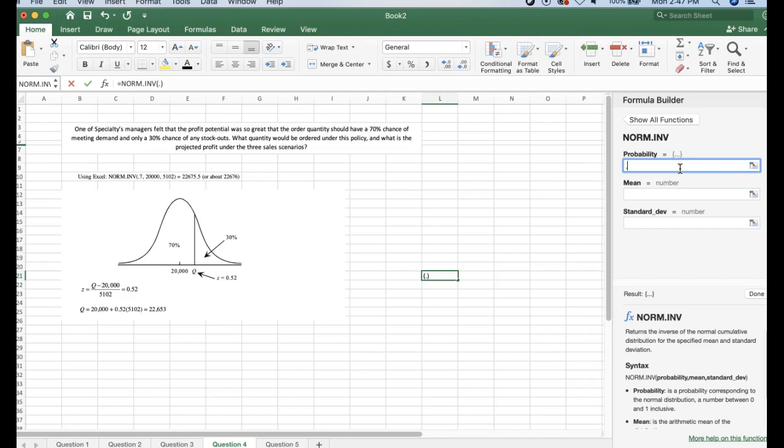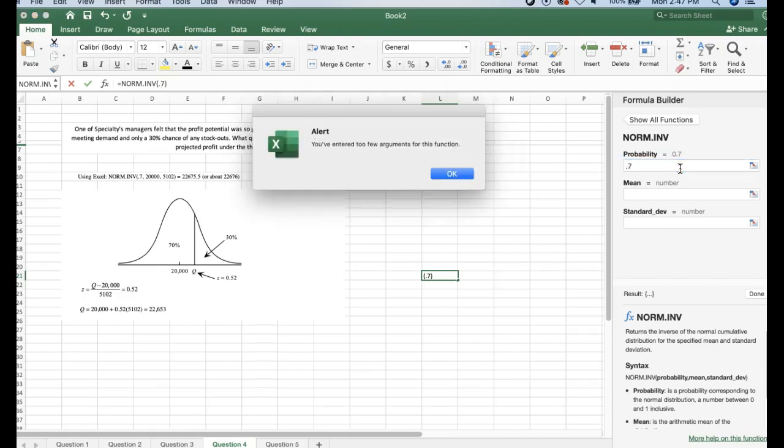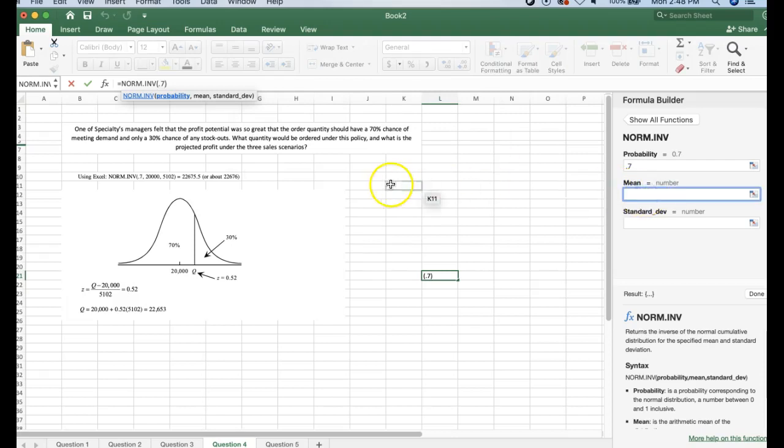If I was to set this up, I would make a better chart than I did here. Then I would put in my mean as 20,000, and then my standard deviation, which is the 5,102 that we got from the first problem.